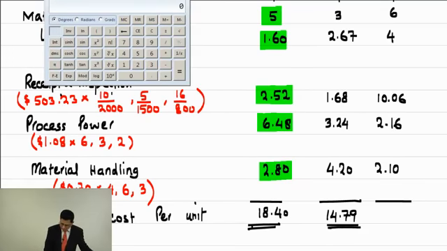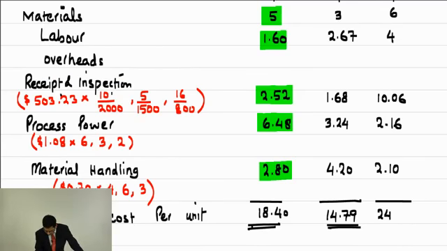And thirdly, 4 plus 6, 10, then plus 1,006, then 216, and then 210, 2,432. Right? That gives us the activity based cost per unit, full cost per unit.